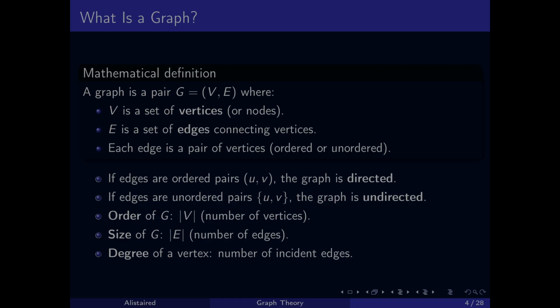Now, a graph has a mathematical definition: it is a pair of two sets, a set of vertices and a set of edges. And each edge is just a pair of connected vertices.